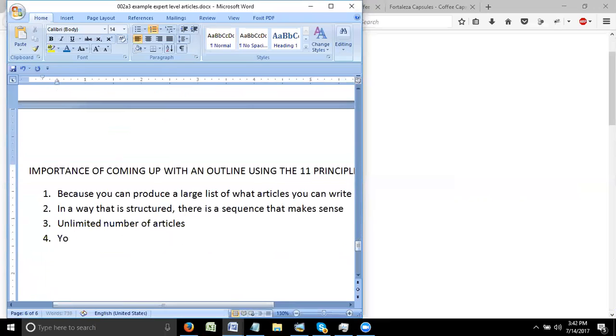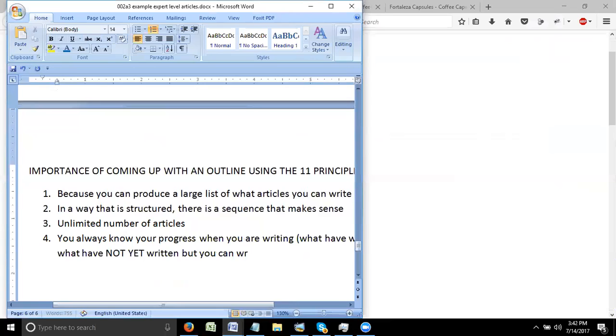And then you always know your progress when you are writing. What have you written? What have you not yet written, but you can write later? And it just makes it easier for everyone to estimate the quantity of the work.